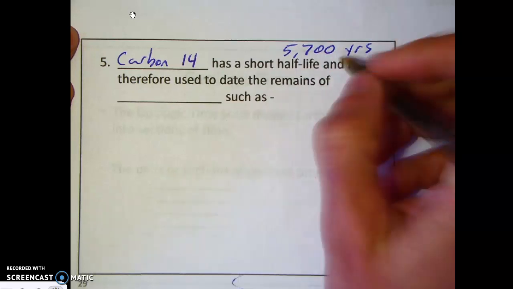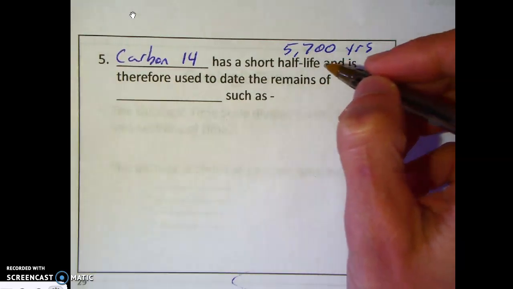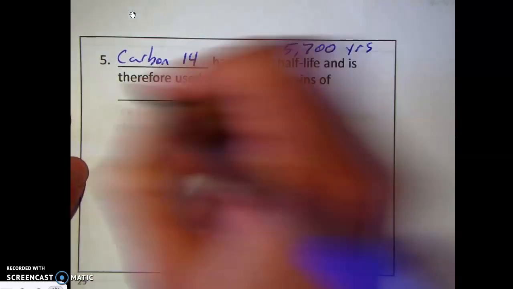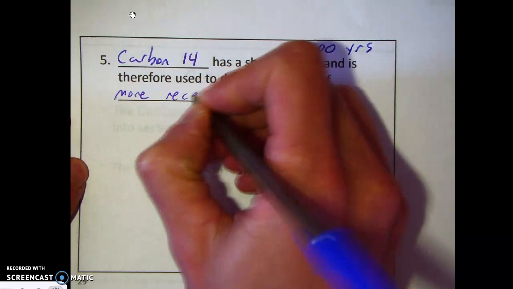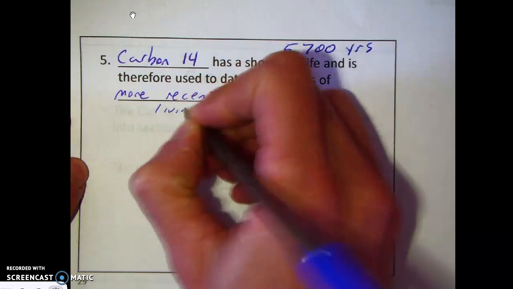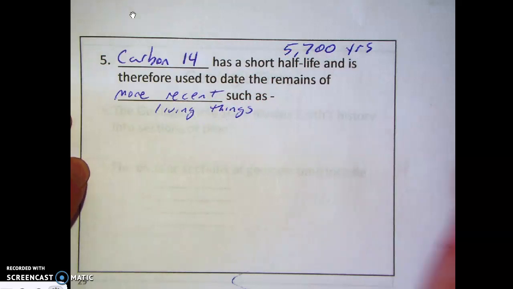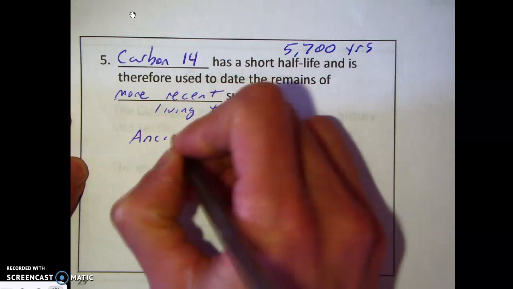And because of this, carbon-14 is useful for finding the ages of more recent living things. Because it has a relatively short half-life, it's very useful for studying ancient artifacts.